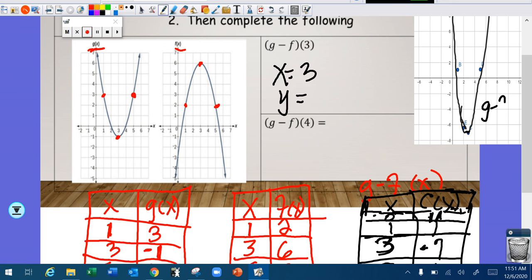This is g of f of x, or what we called it, c of x. So we need to go to about 3 on here and see where it falls, and it looks like it's at -7. So we write -7. 3 is about right here. And I'm going to do it in yellow. So if I go 3, it looks like I'm at about -7.